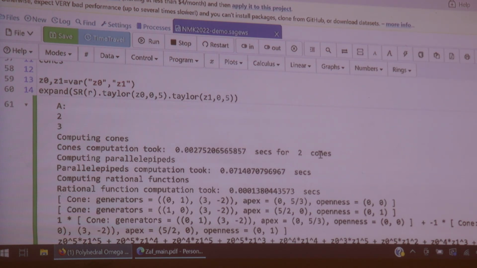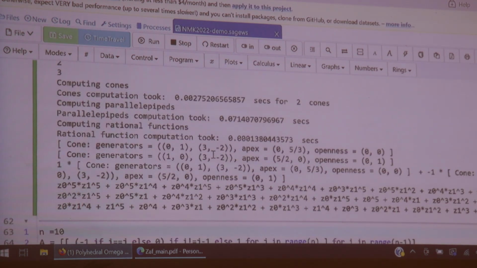So is it milliseconds? Yeah. And we found 2 cones, as we expected. Until there, we were correct. So here are the 2 cones. The generators are (0, 1) and (3, -2), and the apex is (0, 5/3). This is, as yesterday, a rational vertex. So the way the point it cuts is rational. And this is a closed cone. And the second cone has the same generators, and the apex is (5/2, 0).